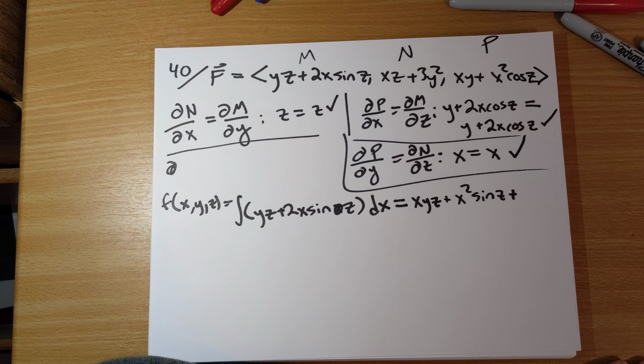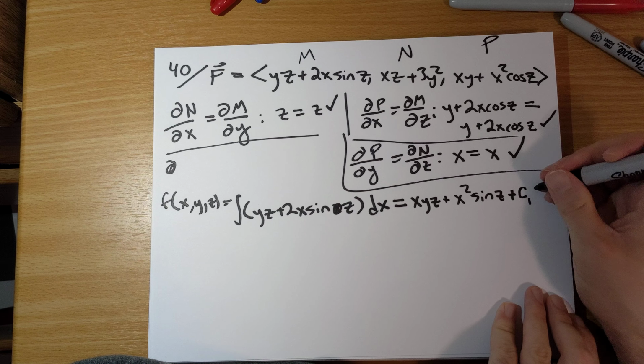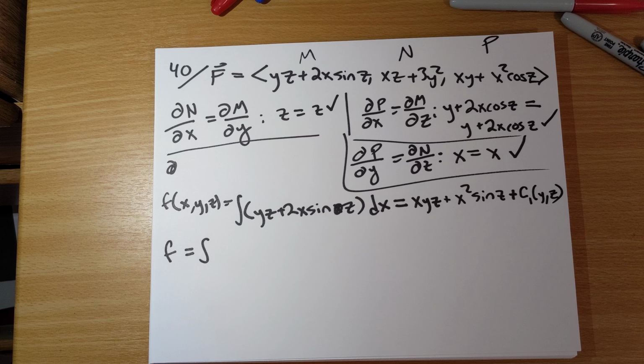In Calc 1, we tack on a constant. Here, we don't tack on a constant, we tack on a function that depends potentially on y and z, but not on x.